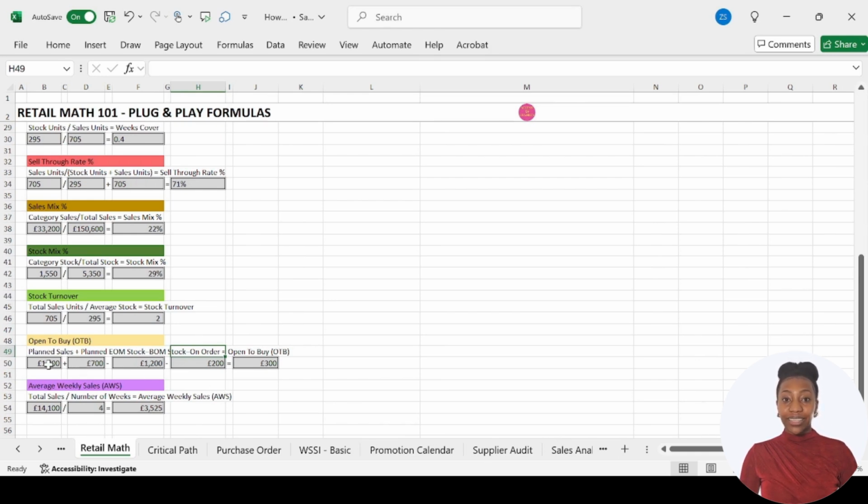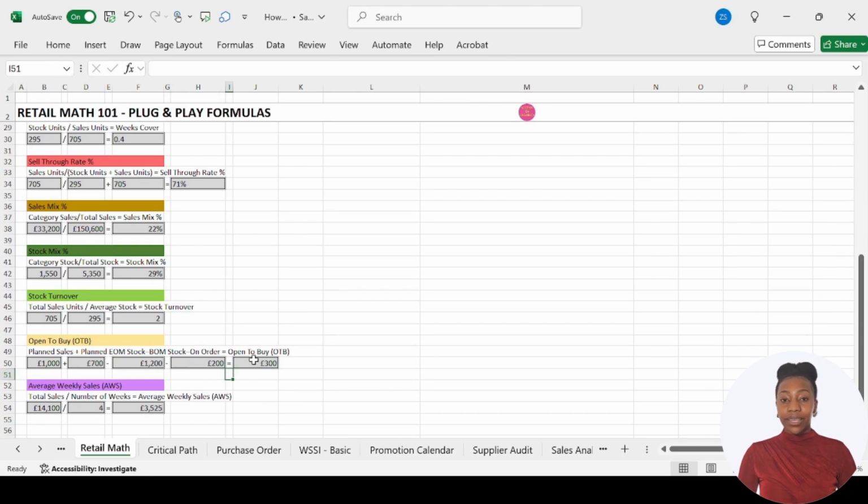So in this case, your planned sales would come from your Wizzy, and again, your planned end of month and your beginning of month stock, they all come from your Wizzy. Your weekly sales, stock and intake, and again on order is intake. So this is very much information that's pulled from your Wizzy.